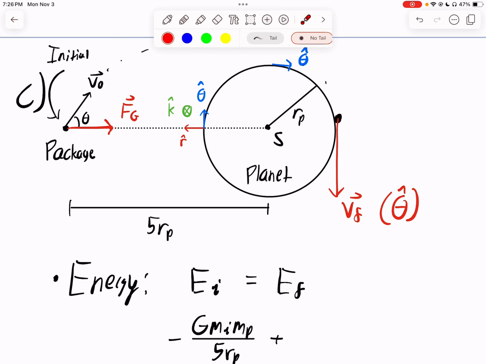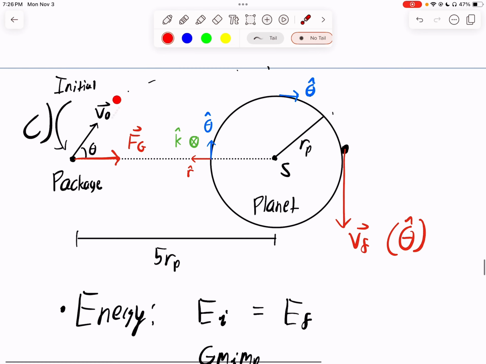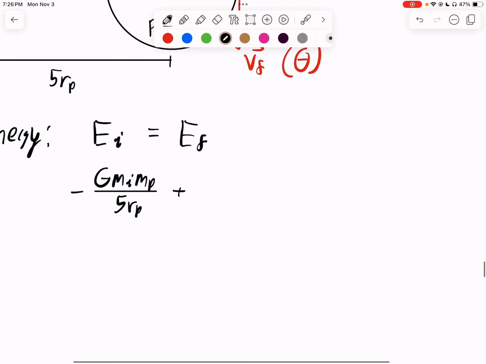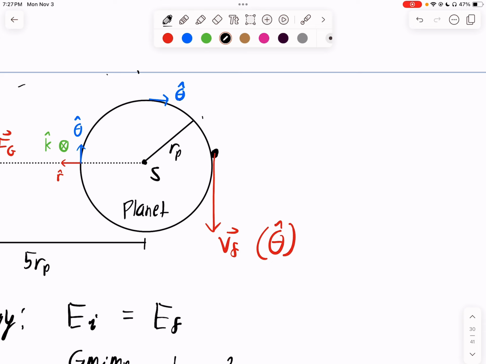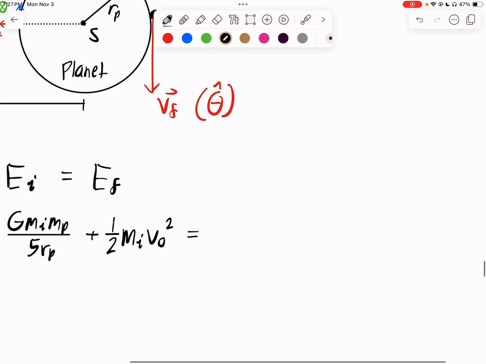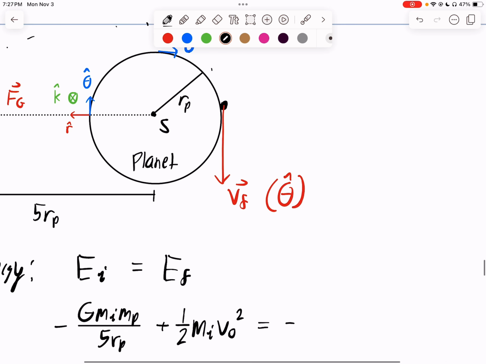In this reference frame, the planet is not moving, so we can ignore its kinetic energy for now. The package is moving though, with total velocity v naught. Since kinetic energy only cares about the total velocity, we write 1/2 m_i v naught squared. That is equal to the final energy state. Since energy is conserved, it also has gravitational potential energy.